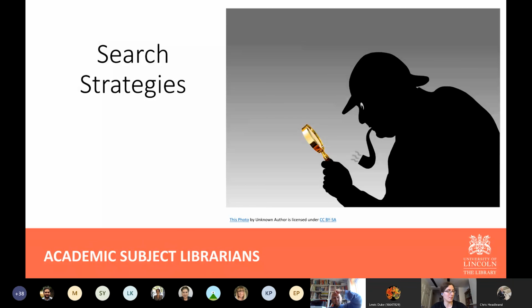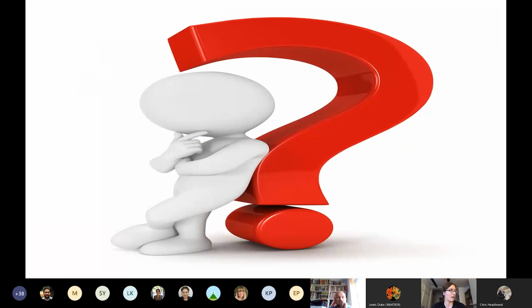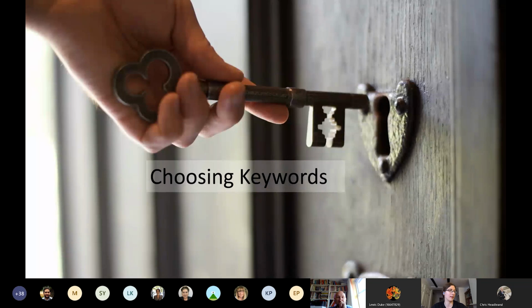So the first step on the next slide is thinking about what their research question actually is, and then breaking that down into keywords.